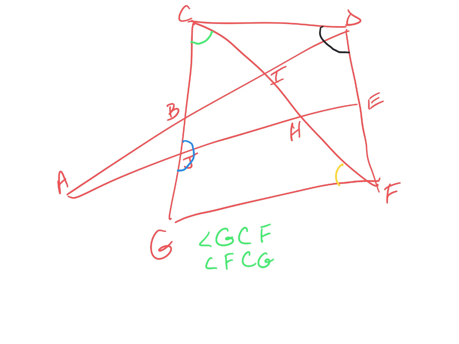Go all the way. Yeah, you can do. There's a bunch of them. Yeah, B, C. As long as C's in the middle. If I go from B to C to I, I can go from B to C to H, and I can go from B to C to F. And those are all names that I can still figure out what angle you're telling me. Okay. So there's tons of names for that angle.